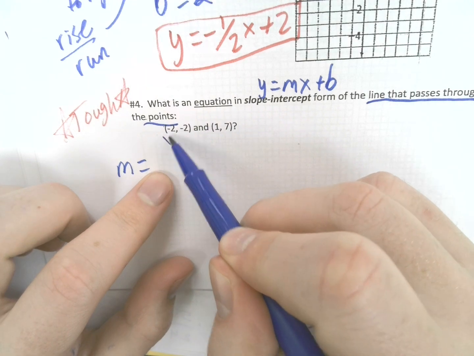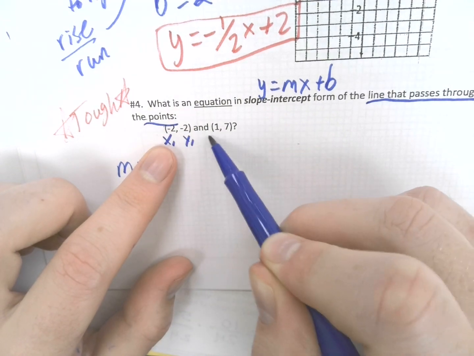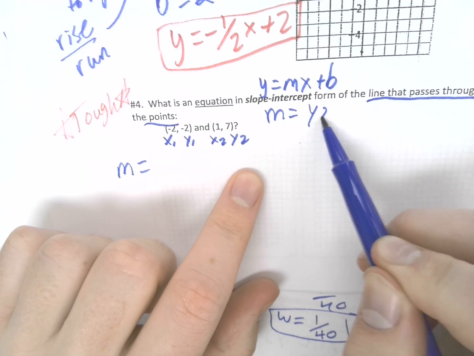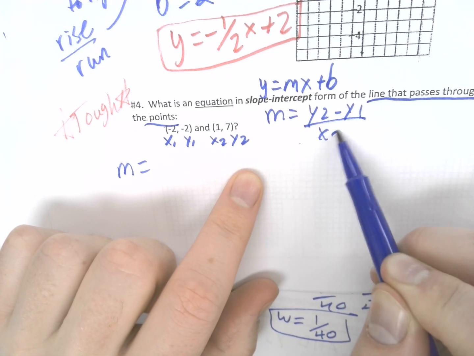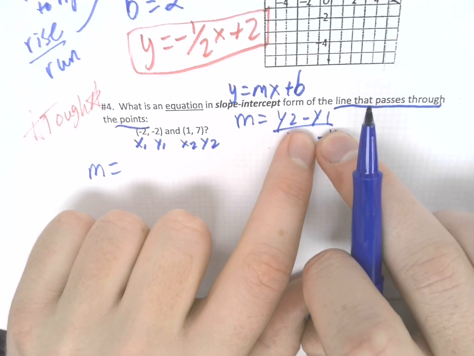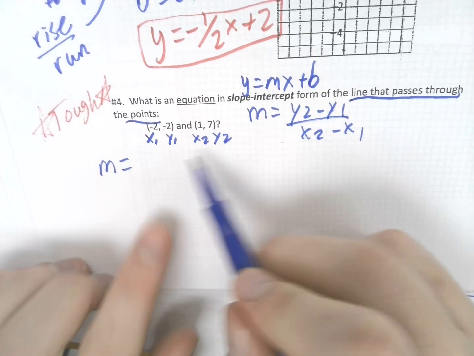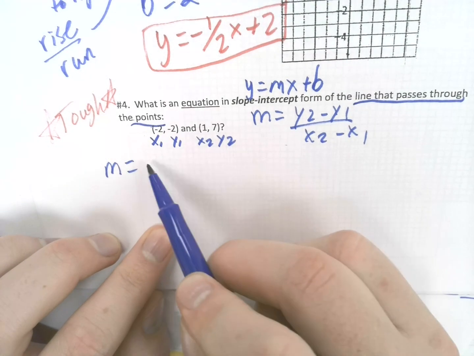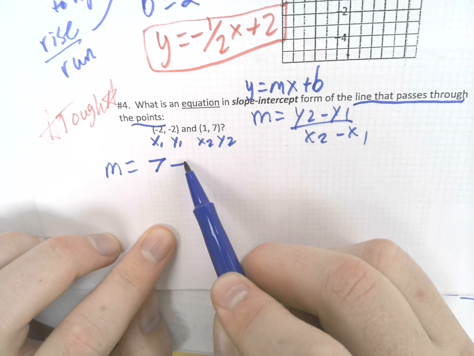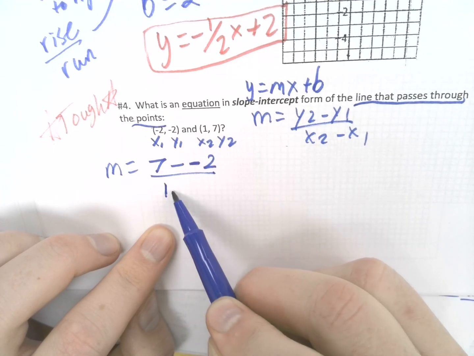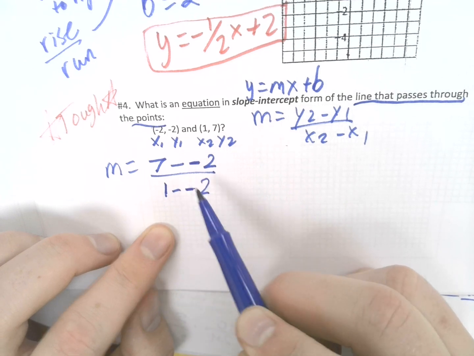Well, guess what? If you want to find the slope, x1, y1, x2, y2, we can use the slope formula to find the slope: y2 minus y1 over x2 minus x1. So we labeled, here's our first x and y, here's our second x and second y. We got 7 minus negative 2 over 1 minus negative 2 again.